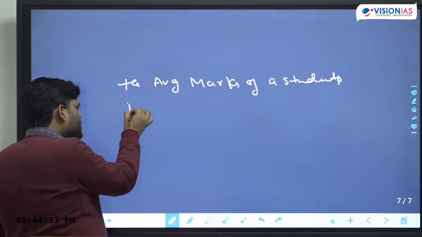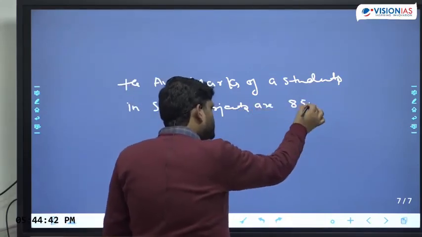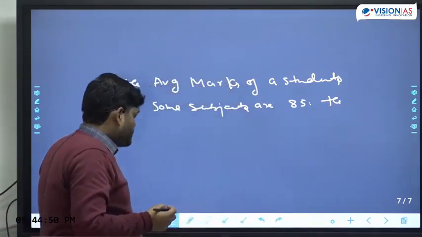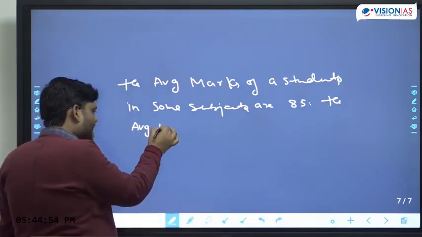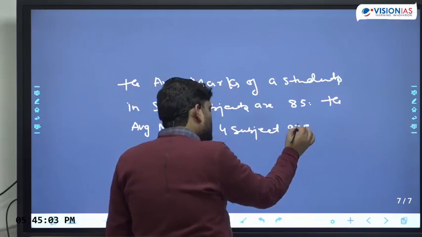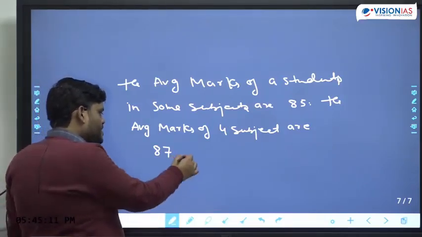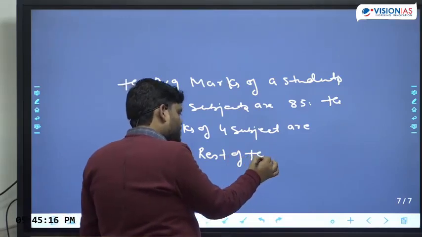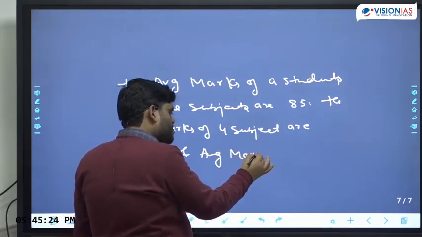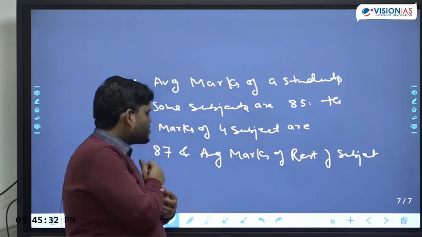The average marks of a student in some subjects are 85. The average marks of 4 subjects are 87, and the average marks of the rest of the subjects are 81.